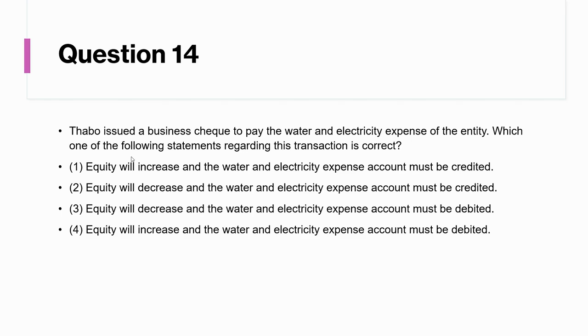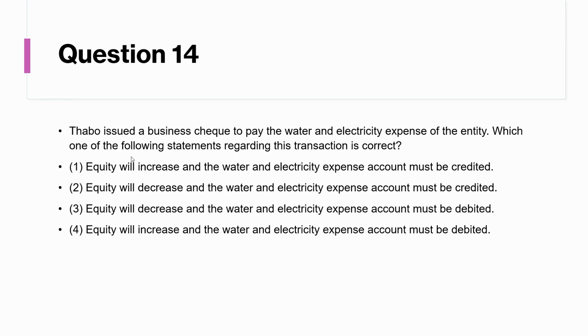Let's look at this. Tower issued a business check to pay the water and electricity expenses of the entity. Which one of the following statements regarding this transaction is correct? Because they paid using a check, our bank balance will decrease, and our equity will also decrease.